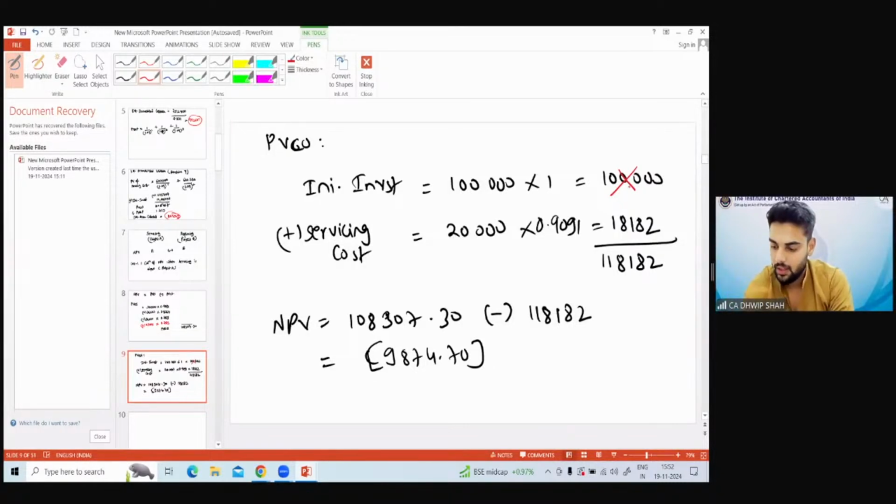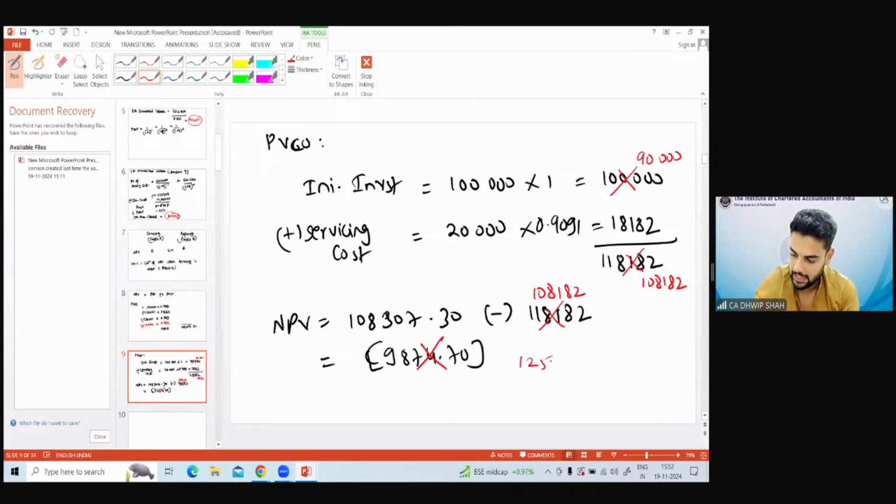Correct? So my total outflow would not be 118,182, but it would be 108,182. And in that case, this would come to positive 125.3.